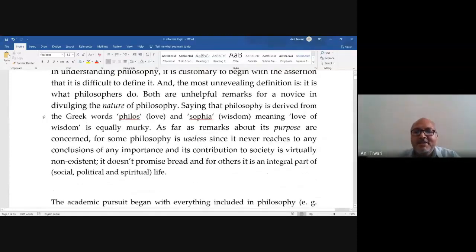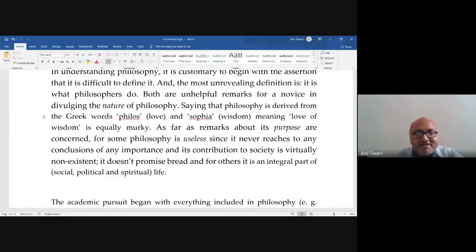As far as remarks about its purpose are concerned, for some, philosophy is useless because it never reaches any commonly acceptable conclusions of any importance, and its contribution to society is virtually non-existent. So those who are doing philosophy are just armchair thinkers, useless guys, a burden on the resources of nature.